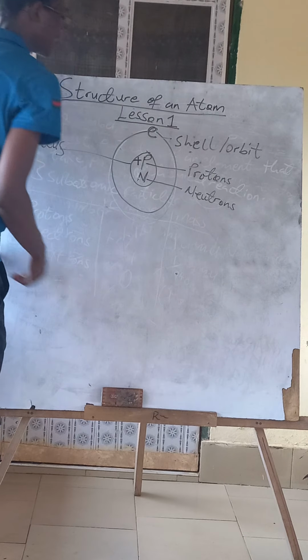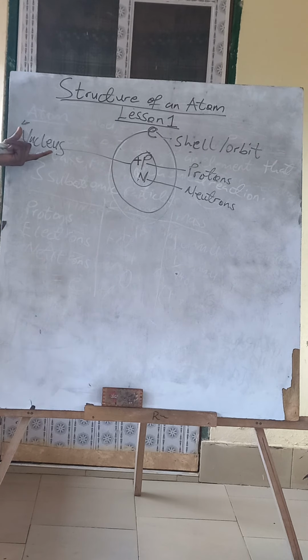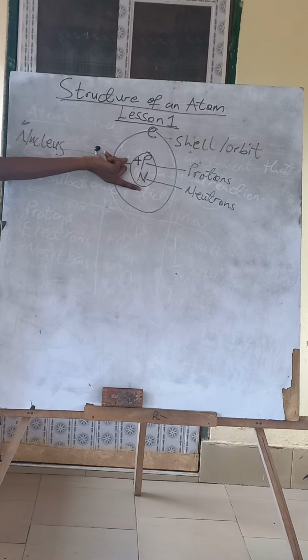So let us consider some terminologies. And let me also say this before we move on. The mass of every atom is concentrated in the nucleus. It is the protons and the neutrons that will give you the mass of every atom.